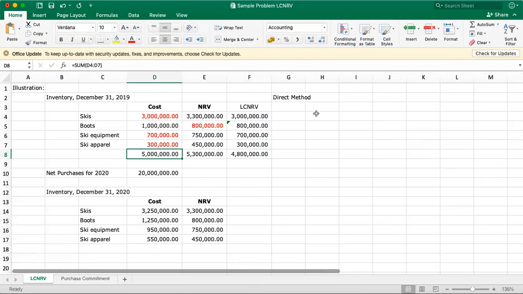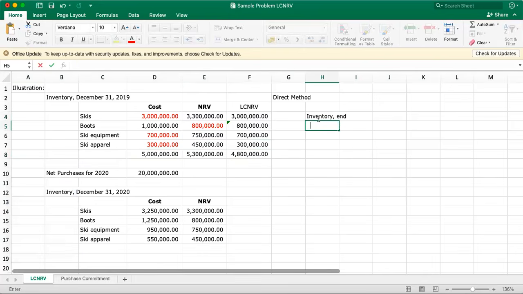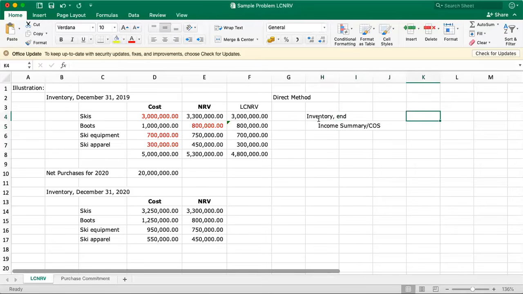So under the direct write-off method, our entry is debit inventory end, credit income summary, or it can be cost of goods sold, cost of sale. Question, what amount? Again, under the direct method, we record the inventory at the lower between the cost or net realizable value on an item by item basis.